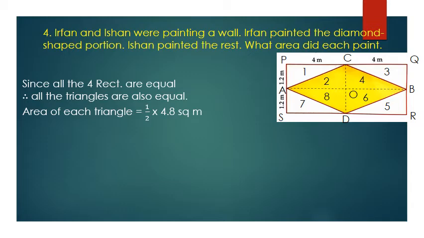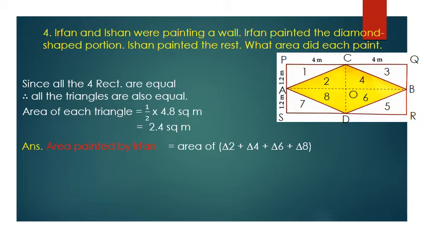So 1 by 2 multiplied by 4.8 square meter, or we can say 4.8 divided by 2, is equal to 2.4 square meters. So area of each of these 8 triangles is equal to 2.4 square meter.